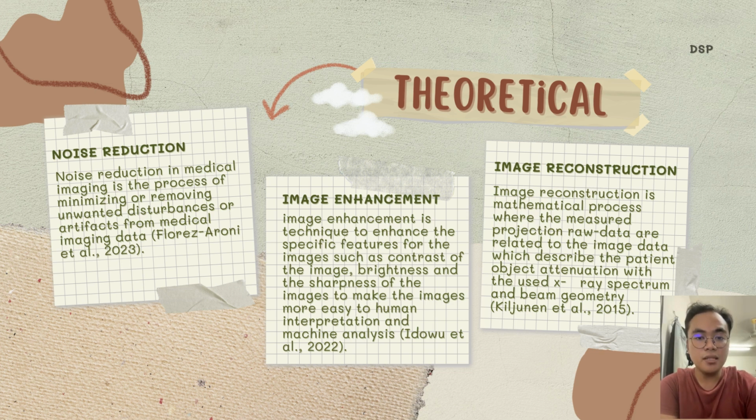Image enhancement is a technique to enhance specific features of the image, such as contrast, brightness, and sharpness, to make the image easier for human interpretation and image analysis. Lastly, image reconstruction is a mathematical process where the measured projection raw data is related to the image data which describes the patient object with the use of X-ray spectrum and beam geometry.